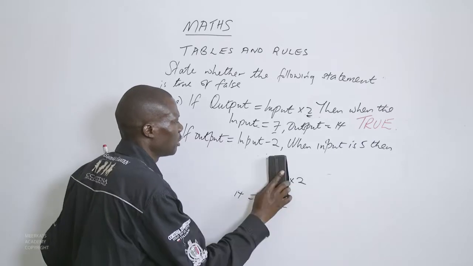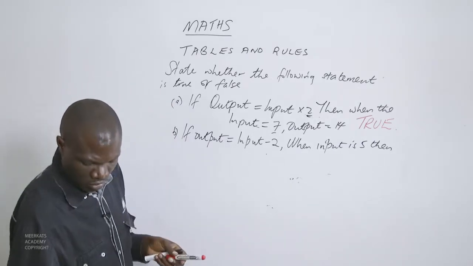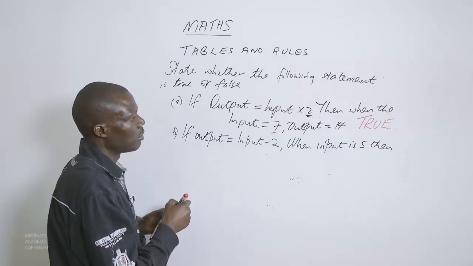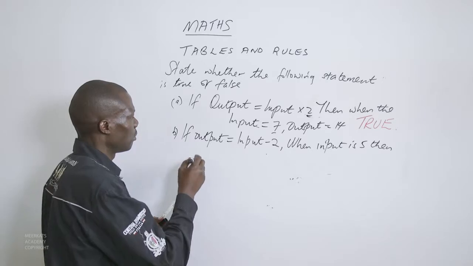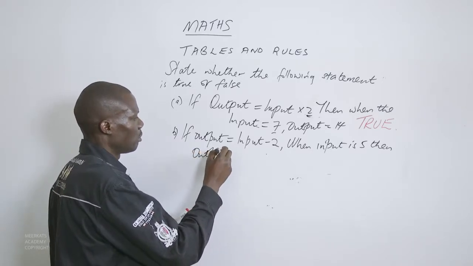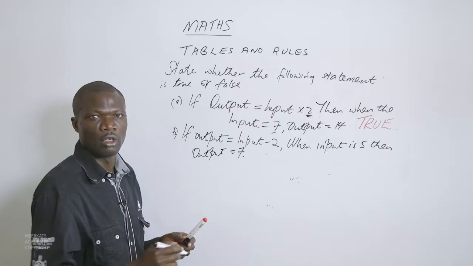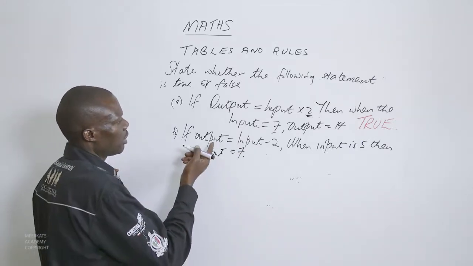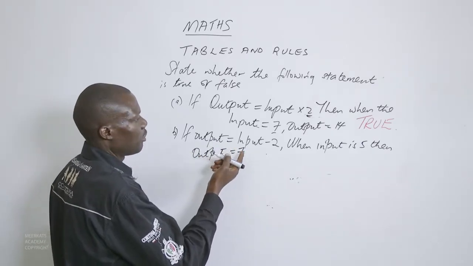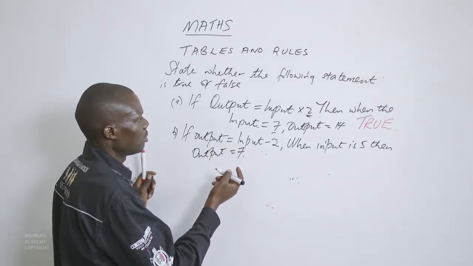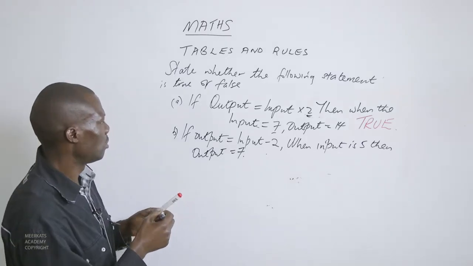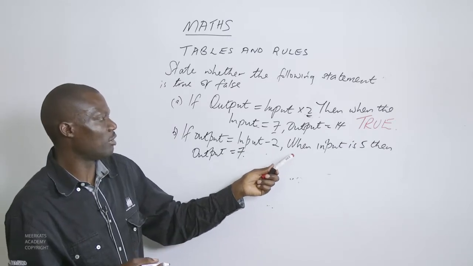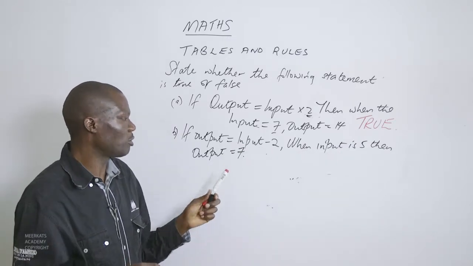The second statement, is it true? The statement is saying that if output is equal to input minus 2, and if input is 5, then output is 7.